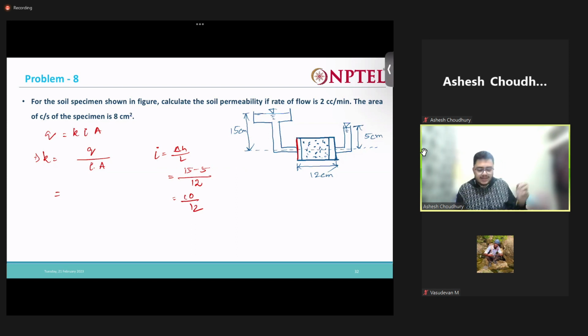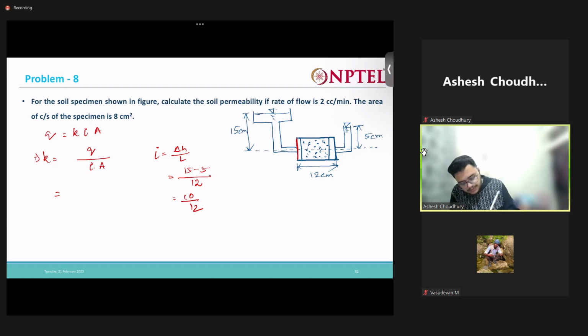Flow by time gives my volume rate. It is nothing but 0.75 centimeter cube per second. Okay.